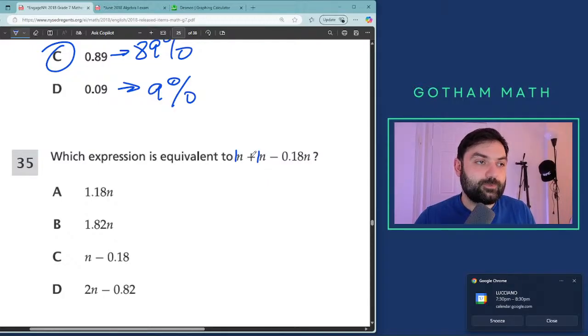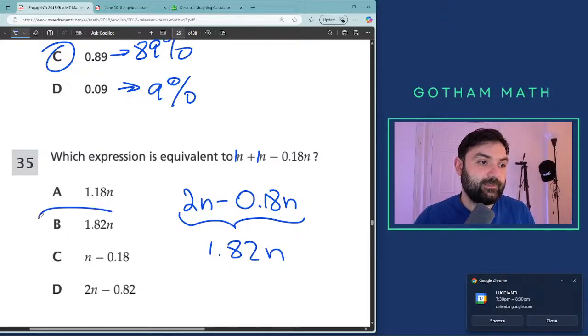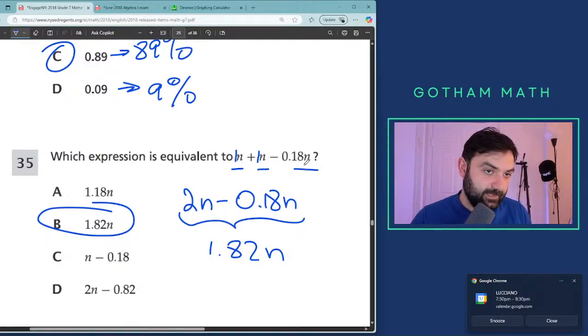Like if it's 2, we put 2n. If it's 3, we put 3. But if it's 1, we don't put anything. We just say the letter, okay? So it's going to be 2n minus 0.18n. And those are like terms, and we're allowed to smoosh them together. And 2 minus 0.18 is going to be 1.82n. That's it. All of these are like terms. They all contain n. So we're allowed to combine them.